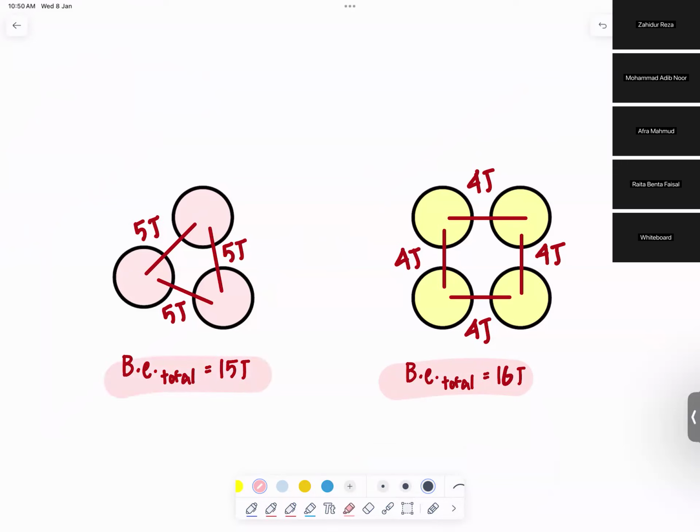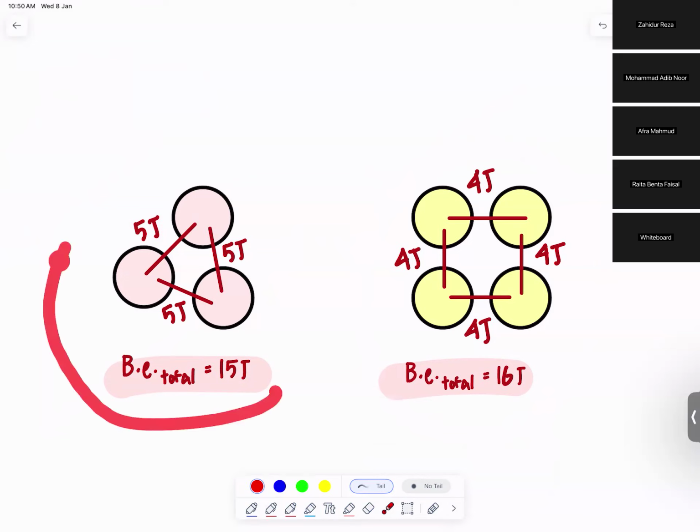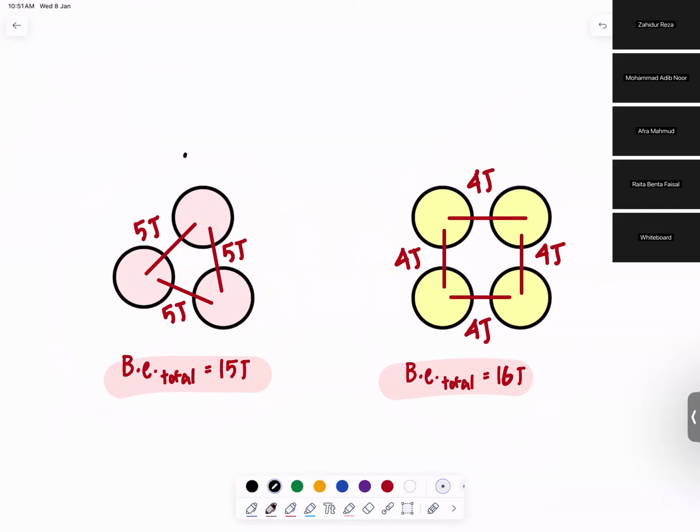So the question then arises, which one is more stable? The one with 16 joules of binding energy or the one with 15 joules of binding energy? What do you guys think? Which one is more stable? Is it element A or is it B? Use your logic and try to figure out which one you think is more stable.